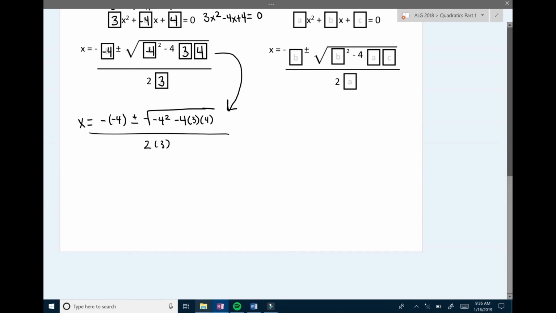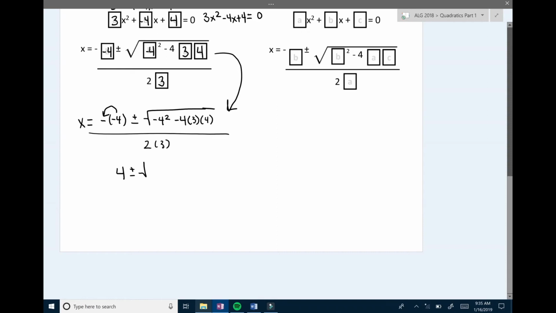Let's go ahead and let's do negative times a negative is a what? Well, it's a positive. So now that's a positive 4. Negative times a negative is a positive. Let's keep going. Plus or minus the square root. Well, negative 4 squared is what?